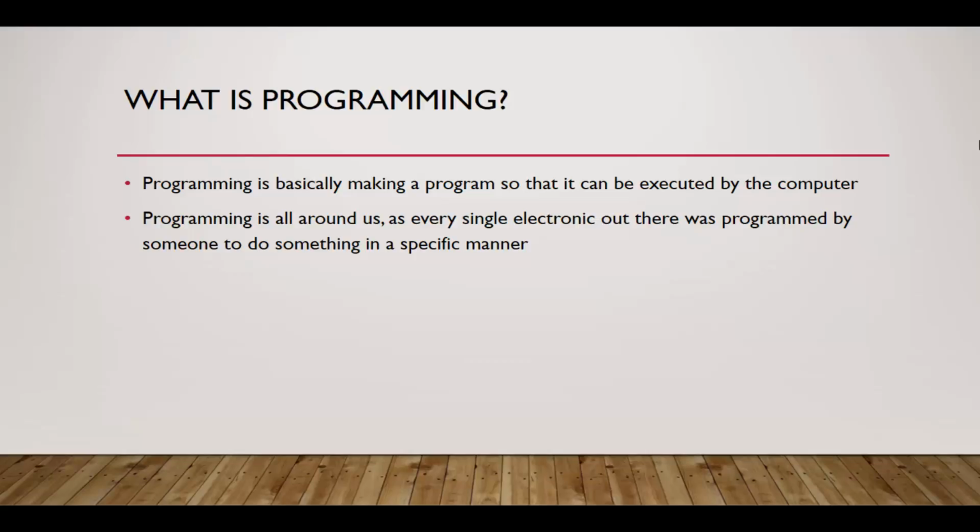There are many applications of programming, and we're going to dive deeper into this in the actual section of it. For now, just remember that programming is all around us. Every single electronic you see was programmed in some way to act in a specific manner.